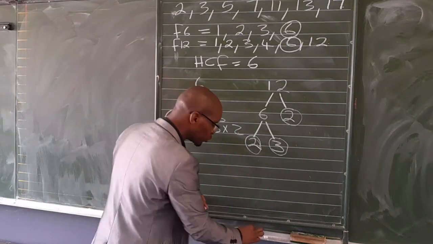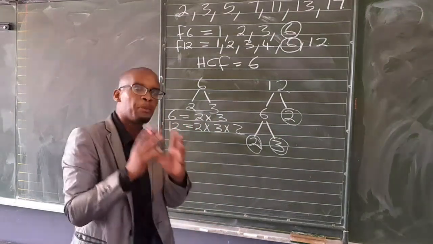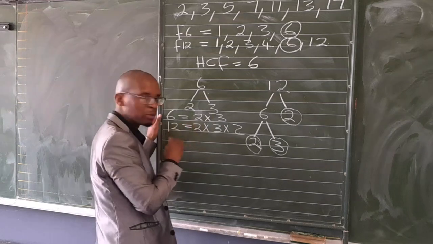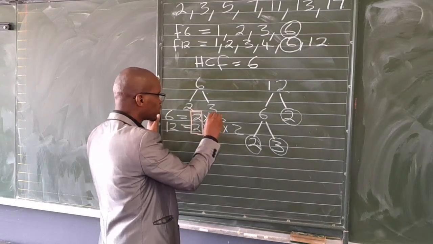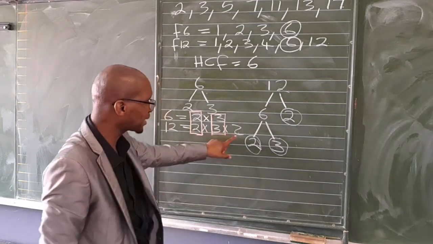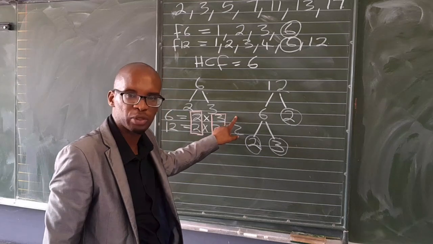So now how do we go and find the HCF using this method? So you pair the numbers. I can see these 2 can be paired with these 2, so I'm going to go ahead and circle it. I'm going to pair this 3 over here with this 3 over here, and then I can see that this 2 over here doesn't have a number to be paired with on top.